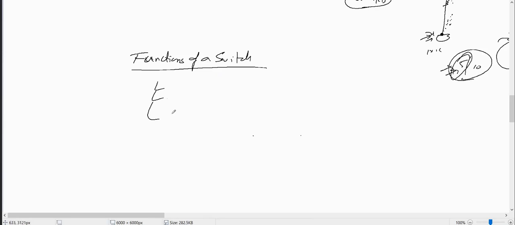And the third is another function which is required. We will learn about it. The first thing is address learning. Next, forward and filter decision making. And the third one is loop avoidance.